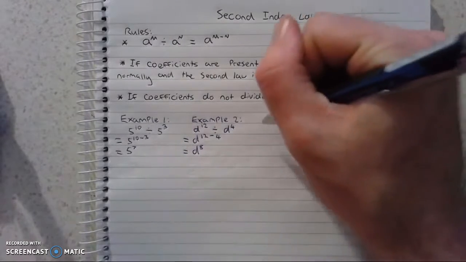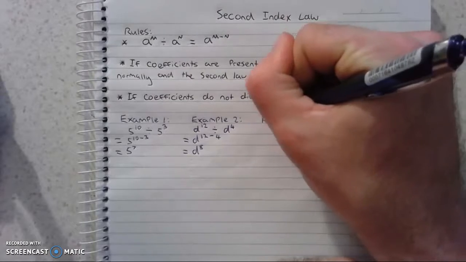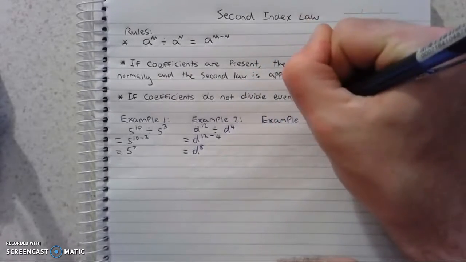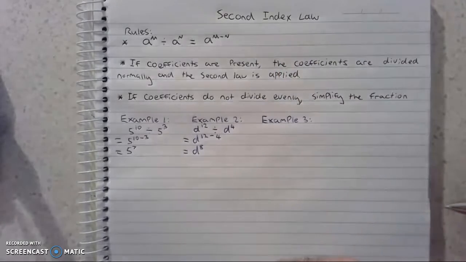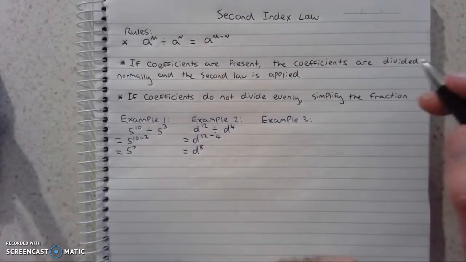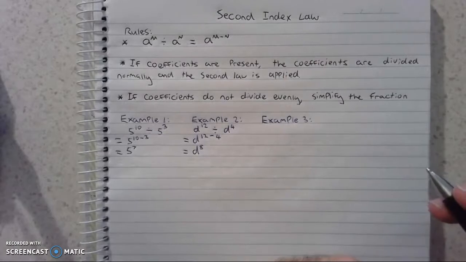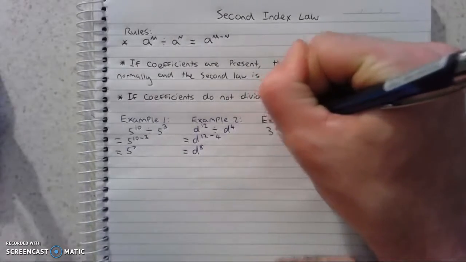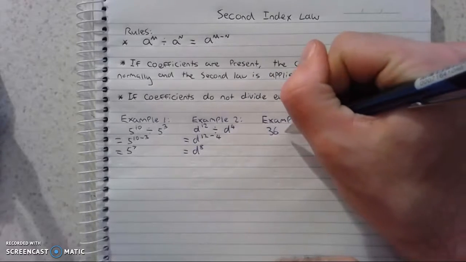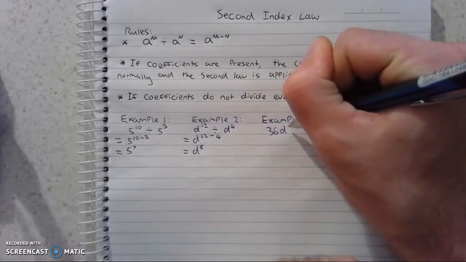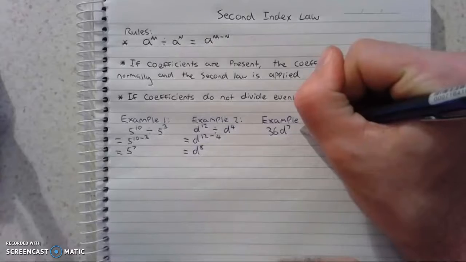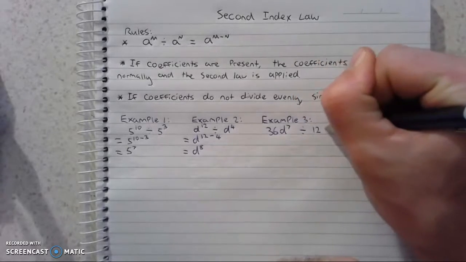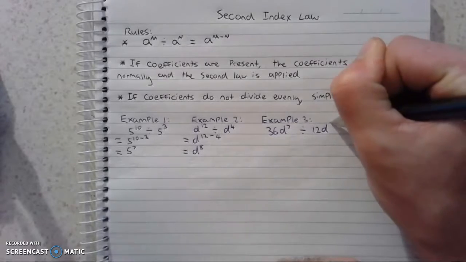Alright, let's do something a little bit different for our third example of questions you might experience involving this topic. So now we're going to use some coefficients. We will do 36d to the power of 7 divided by 12d to the power of 3.